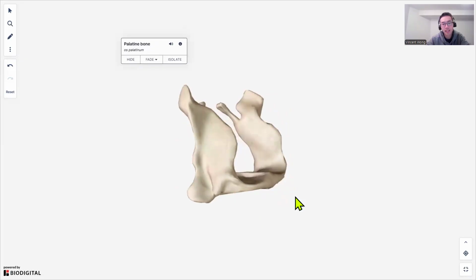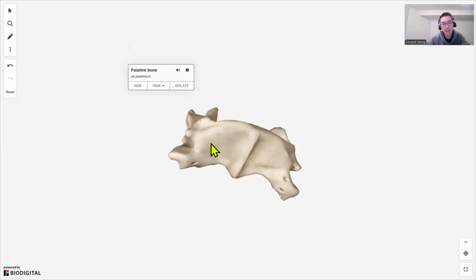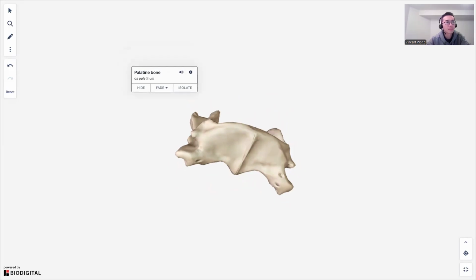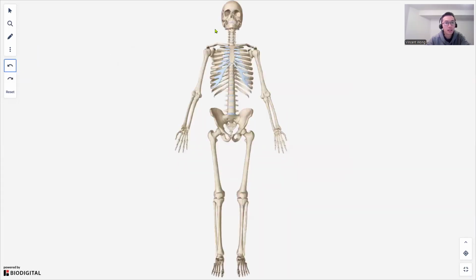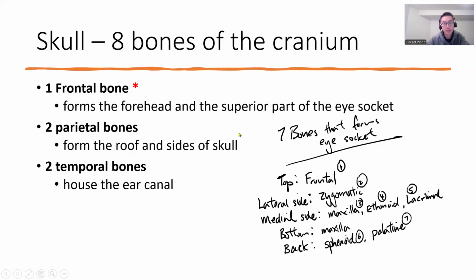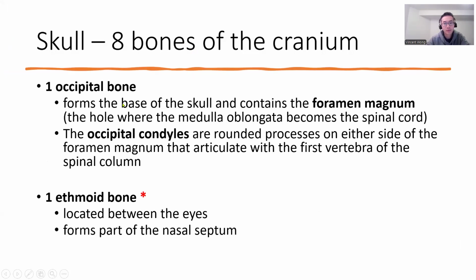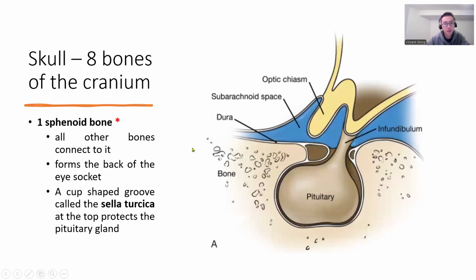At the front is your maxilla, the back is your palatine. All right, so seven bones. And let's go back here. Pretty much everything I said to you.